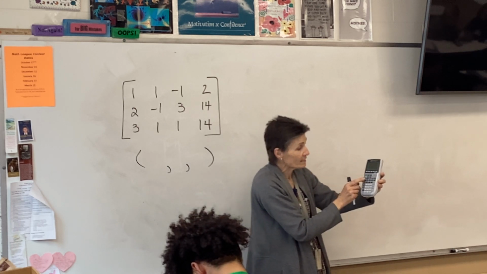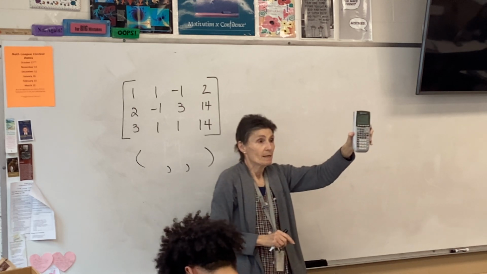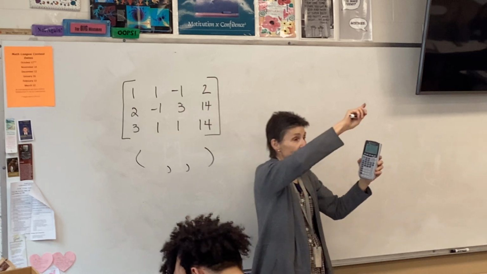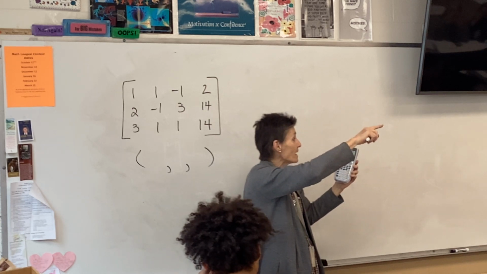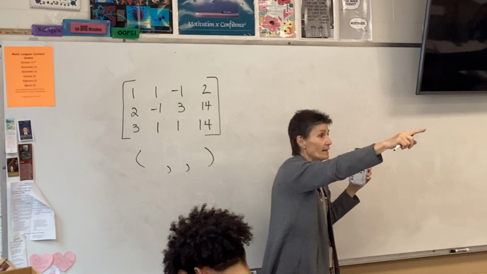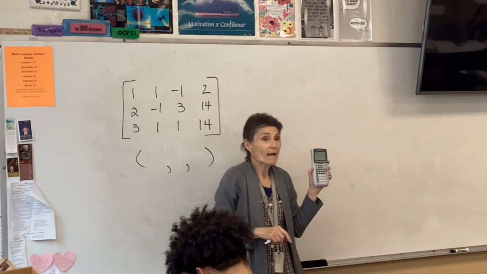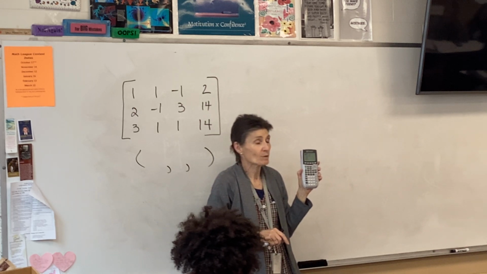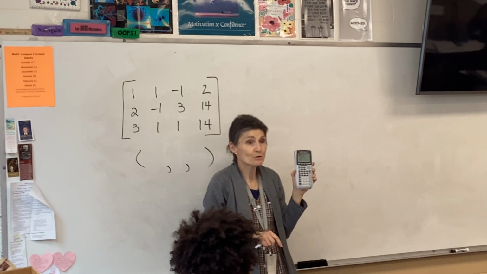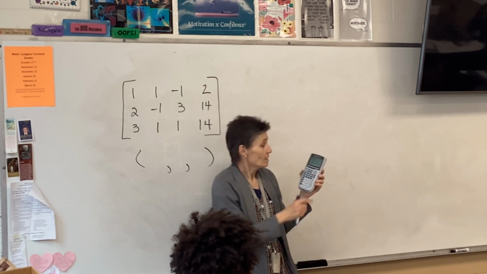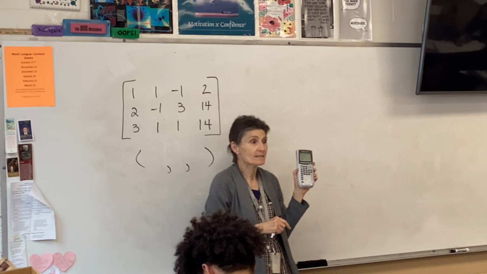So press second matrix. And then it pulls up a menu across the top that says names, math, and edit, right? When you are getting ready to put a matrix into your calculator, you do it in edit mode. So click over till edit is highlighted.